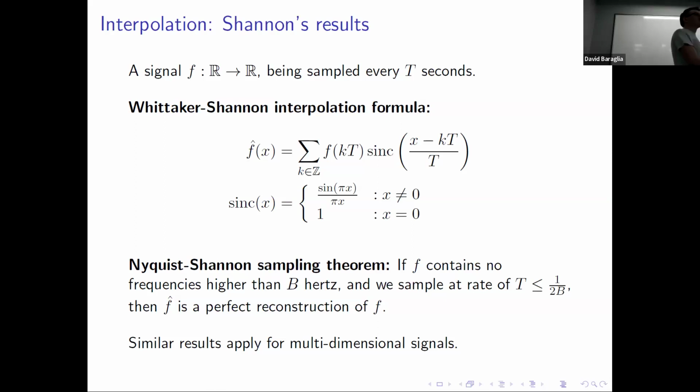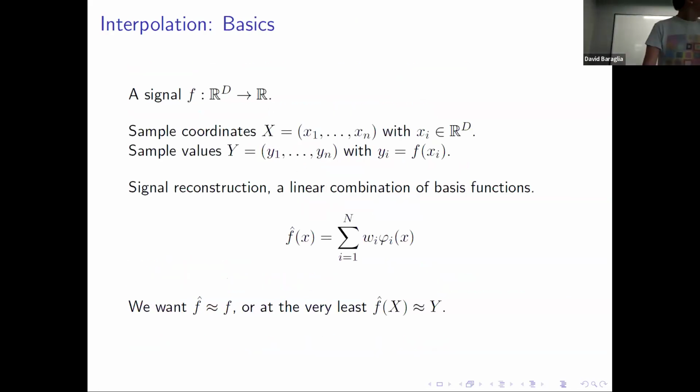As you saw earlier, we're dealing with images though. That's two-dimensional instead of one-dimensional. But it turns out you can generalize Shannon interpolation, and similarly strong results apply for multi-dimensional signals as well. So for interpolation in general, we have a signal.